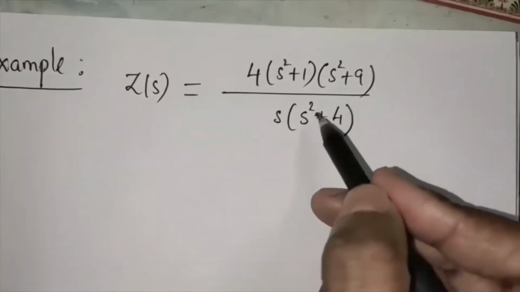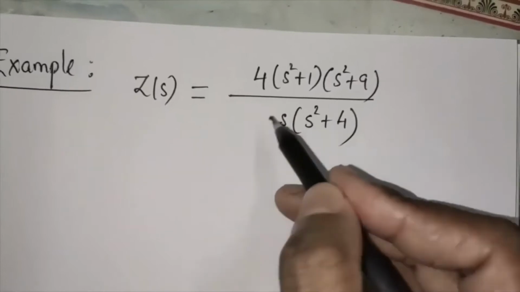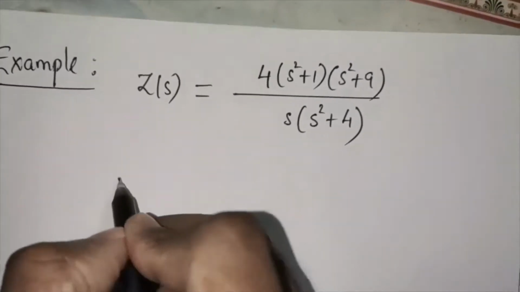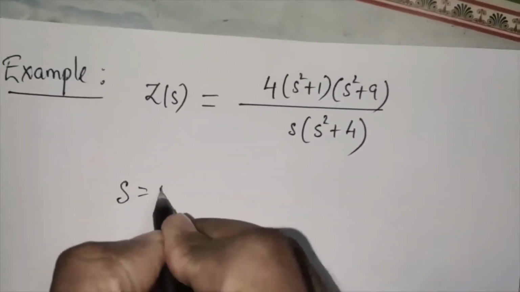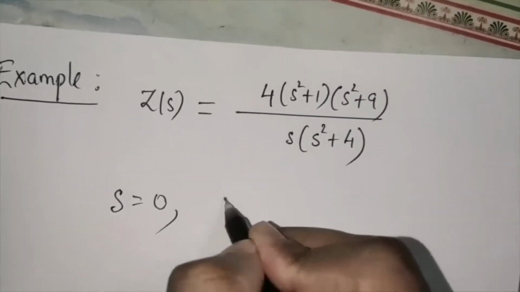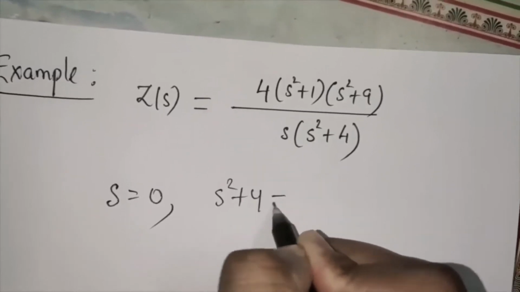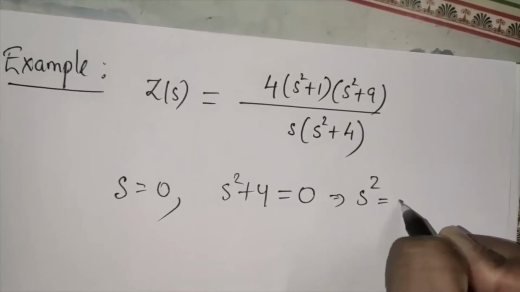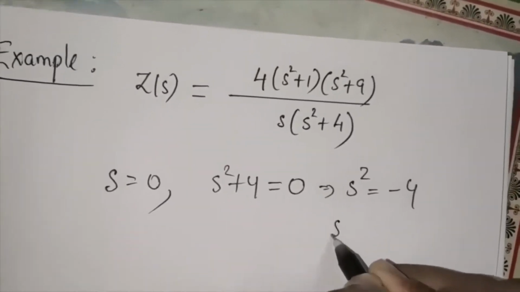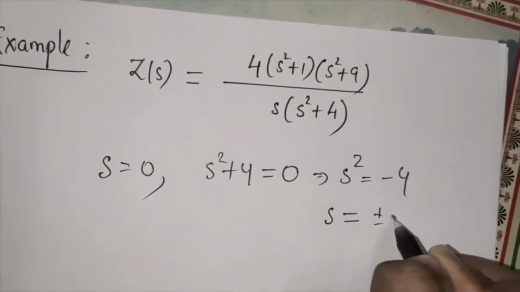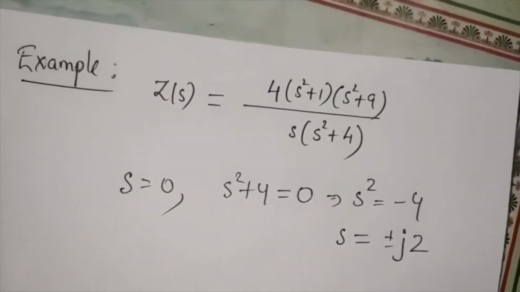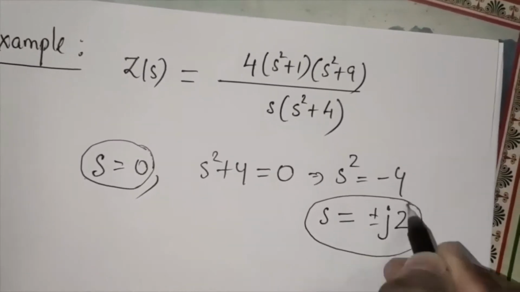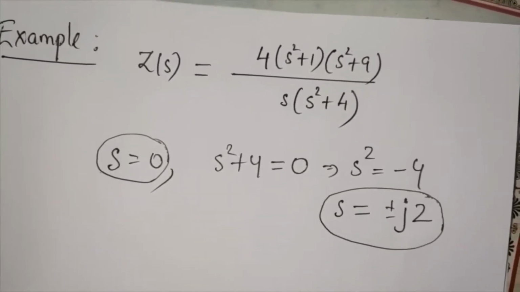So the poles, that is the values for which the denominator becomes 0, are S equal to 0 and S squared plus 4 equal to 0, then S squared is equal to minus 4. So S is nothing but plus or minus J2. So these are the 3 values for which the denominator of the expression becomes 0.